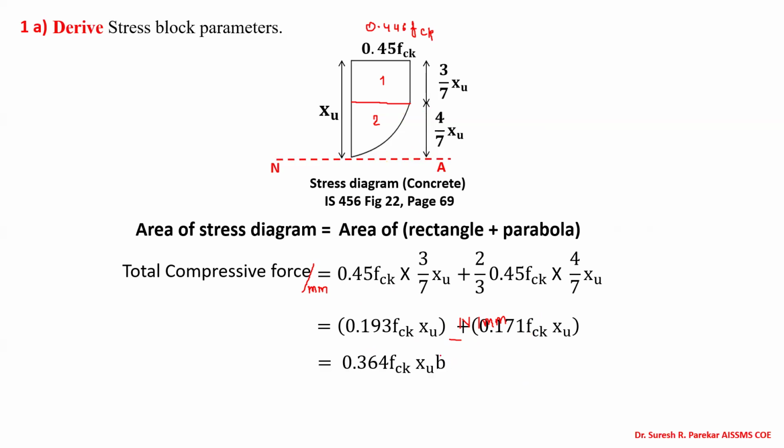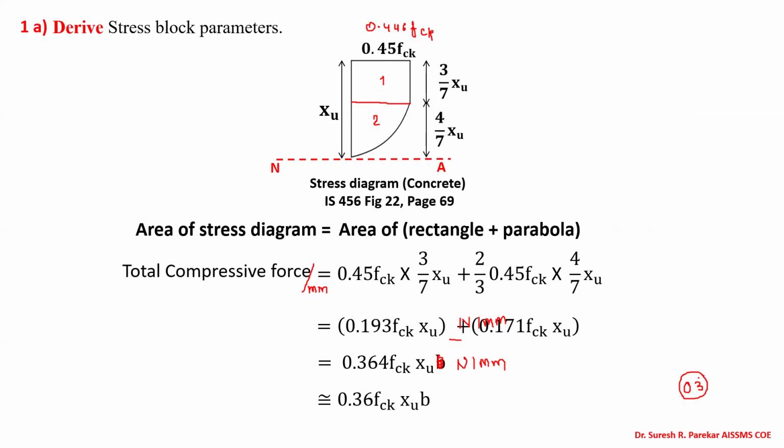If we consider this total with B, it will be Newton, then we have to consider B over here also. So without B, we have this value in Newton per millimeter. And this value is generally taken as 0.36 fck xu into B. So we have 3 marks till this with diagram.